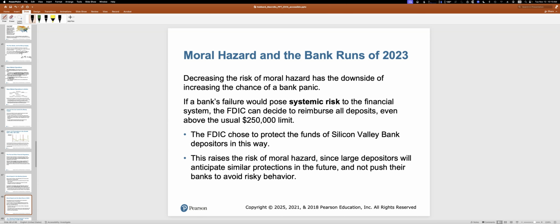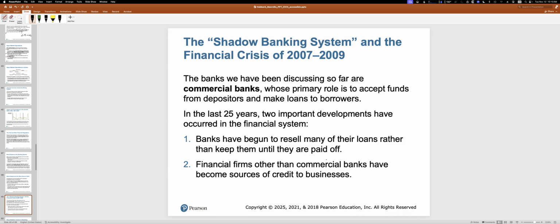The reason why the Federal Reserve would justify it is they would say that it prevents any systemic risk to the system, that people would feel like they don't want to use banks if they were going to lose any money. But again, you control the systemic risk, but you still have this emergence of moral hazard.